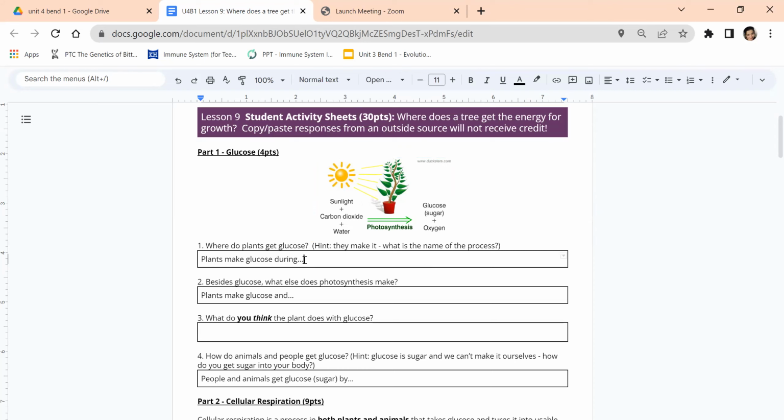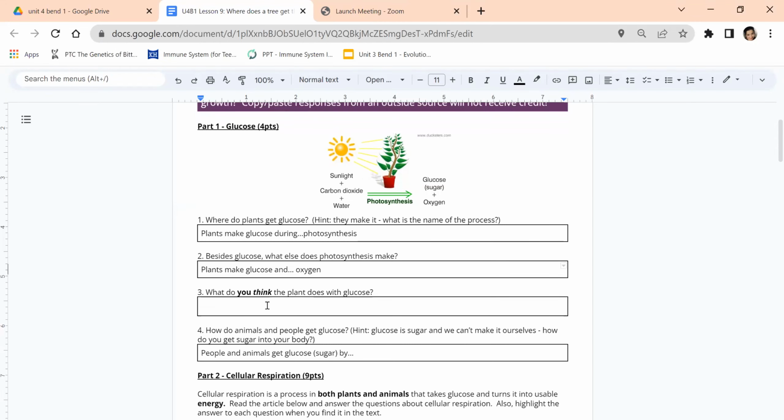Plants make glucose during photosynthesis, and not only do they make glucose, but they also make oxygen in this process.